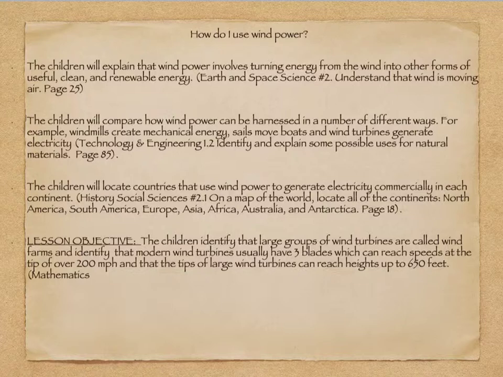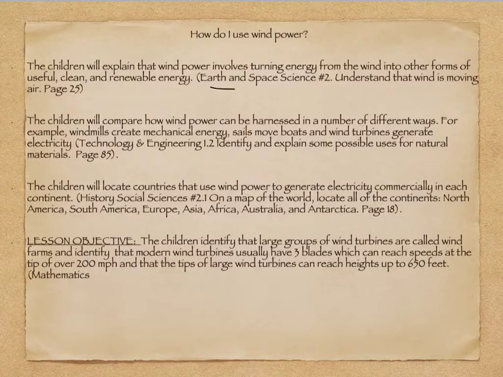The children will explain that wind power involves turning energy from the wind into other forms of usable, clean, and renewable energy. This would meet the Massachusetts Curriculum Standard in Earth and Space Science number 2, Understand that Wind is Moving Air, on page 25.